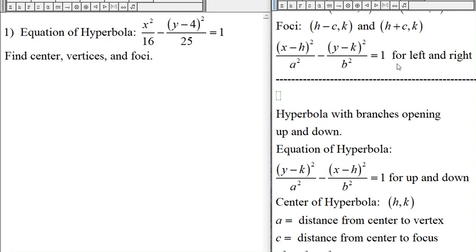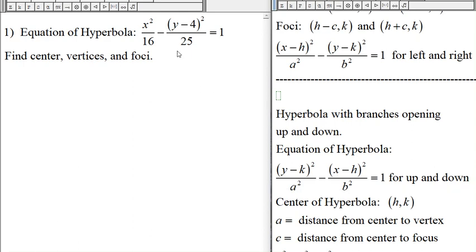If the hyperbola has left and right branches, it's going to be x first and then minus y. But for branches up and down, it'd be y minus x. So that's the order. One more time, if the hyperbola has branches left and right, the x comes before the y: x minus y. But if we have branches up and down, it'd be y minus x. So that's how we know.